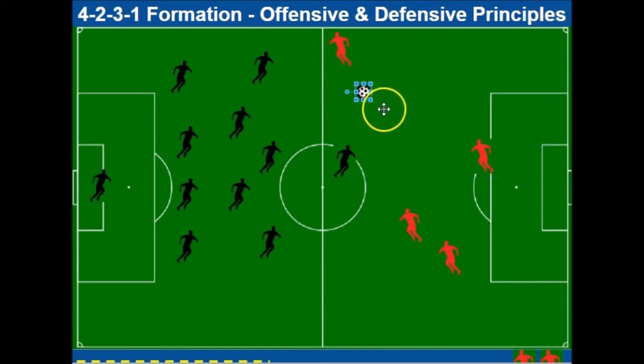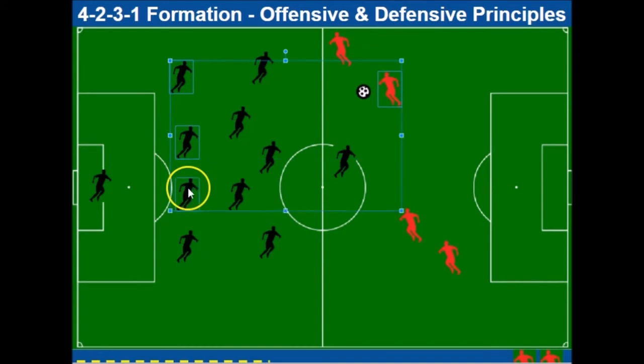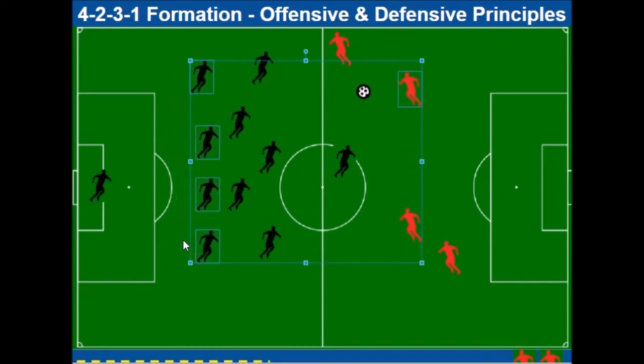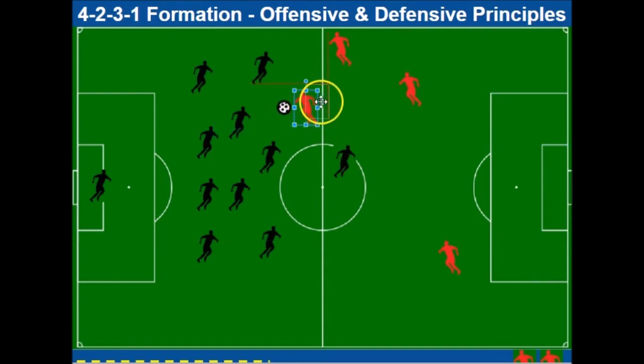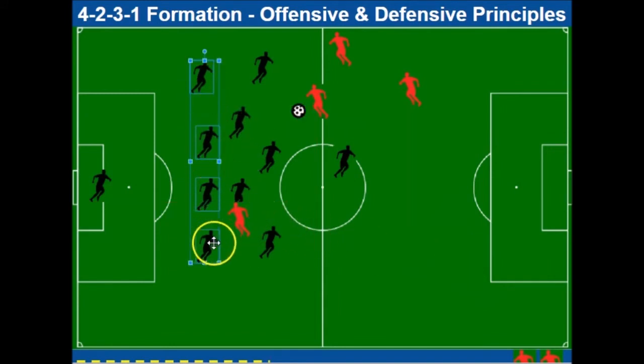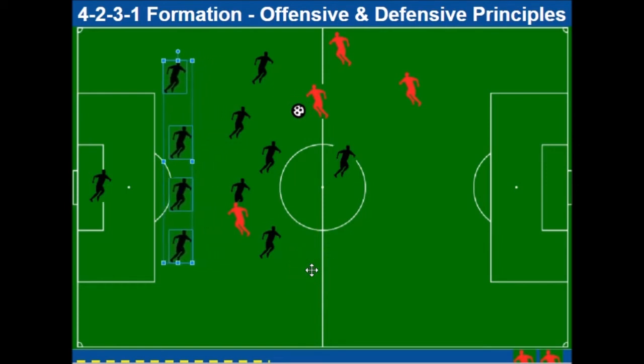So if that ball goes back slightly, that line right there, 1, 2, 3, 4, should all be coming up as a unit. And if that ball is then, say, played into space and time, and that player has a little bit of space to get their head up, we should be anticipating that. And 1, 2, 3, 4, if that ball's about to be played forward, can look to drop a little bit. So they're really playing as a unit.